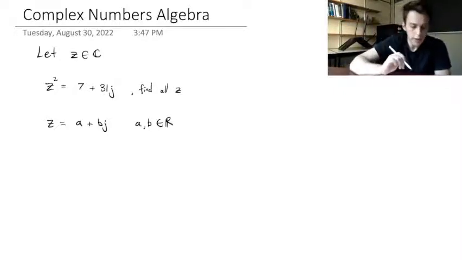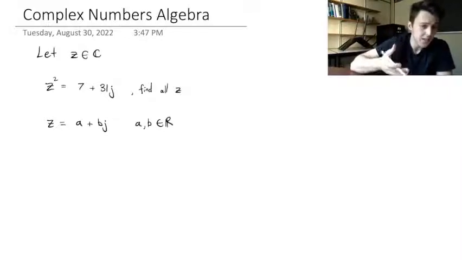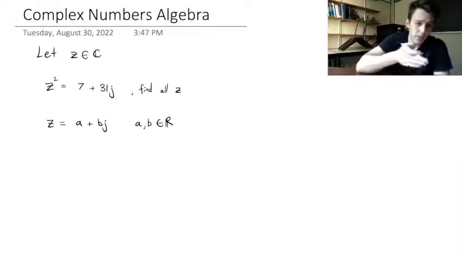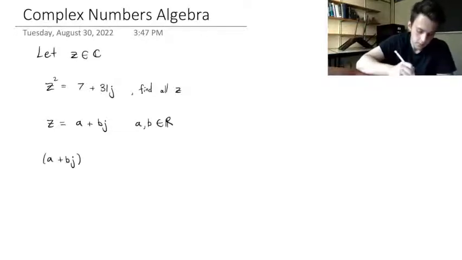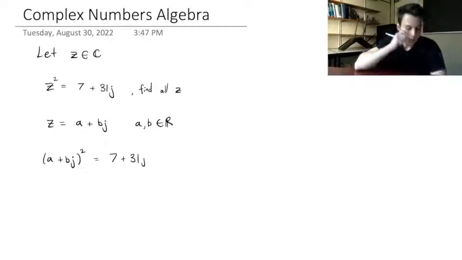So what we're going to do is make use of this way of expressing it in terms of its real values, a and b times j, and we're just going to sub that into the equation and see where that gets us, right? So let's do that. We've got (a plus bj) squared, and that must be equal to 7 plus 31j, right?